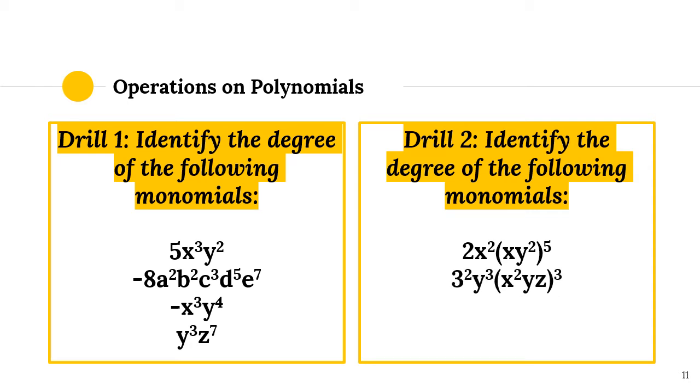Next, we have 3 squared y cubed multiplied with the quantity x squared y z cubed. Let's focus first on what's inside the parenthesis. Let's distribute the exponent outside the parenthesis, that's the 3, onto each of the exponents of the variables inside.